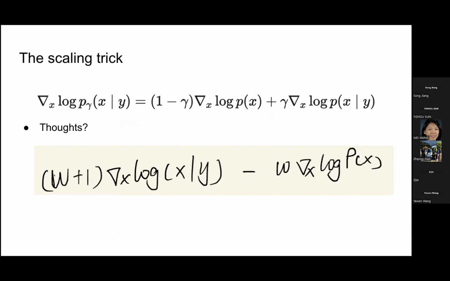Because I prefer the first one. It makes more sense, just the blend of the global distribution with the conditional distribution. So somehow you need to still rely on that.